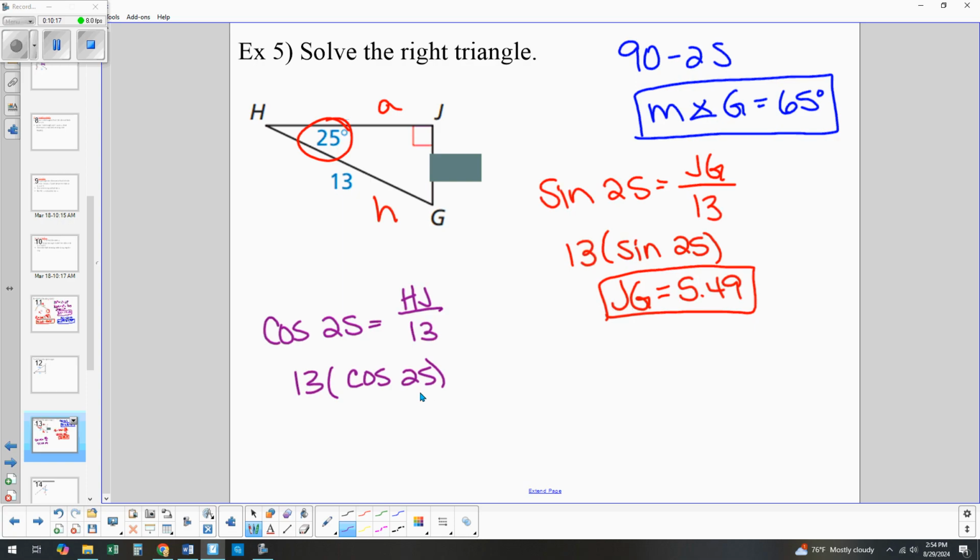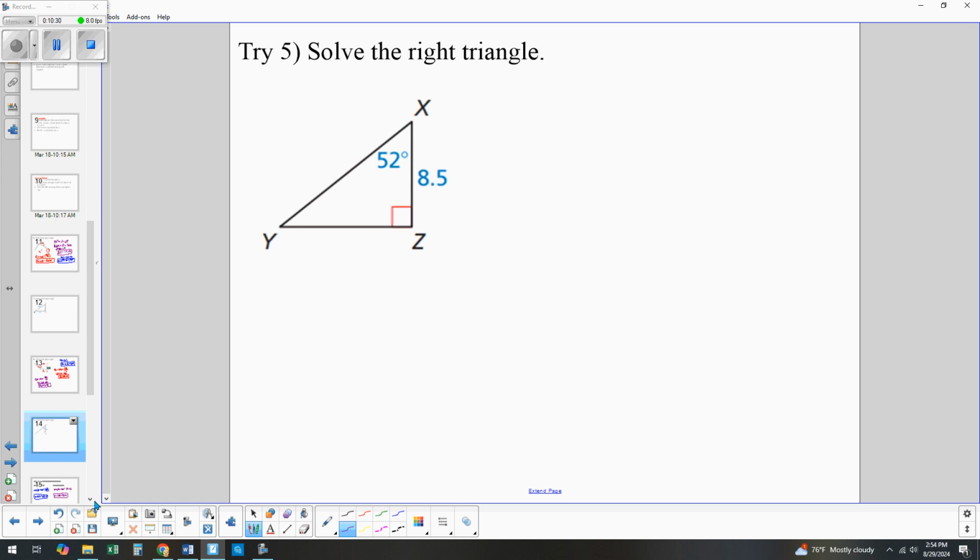And I get 11.78, so HJ equals 11.78. So here is one for you to try. Answers are posted online, but that is it for section 9.6.